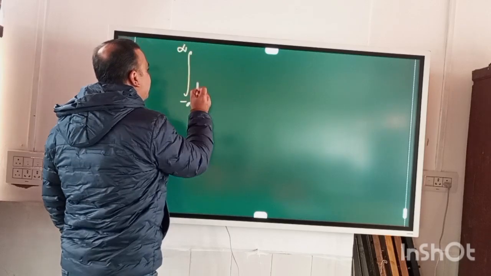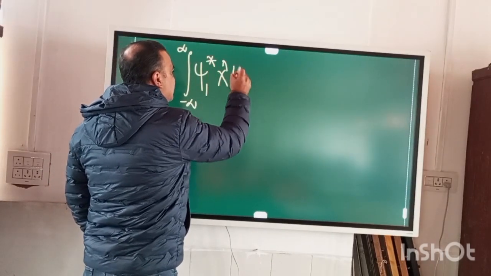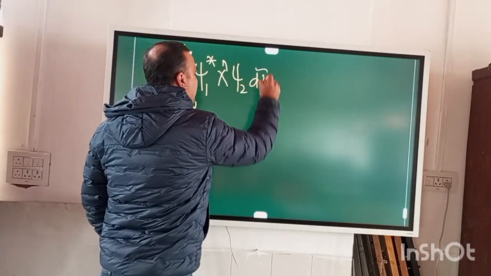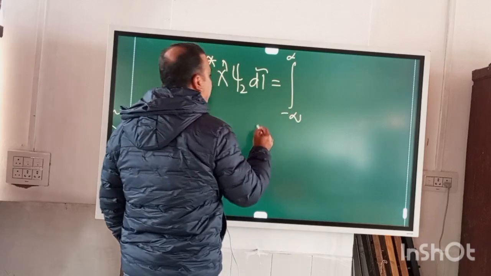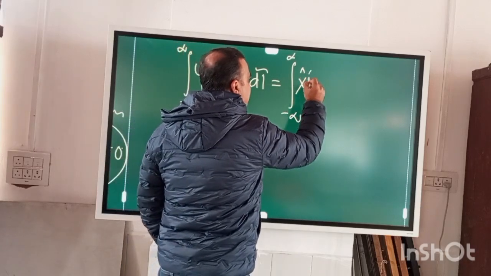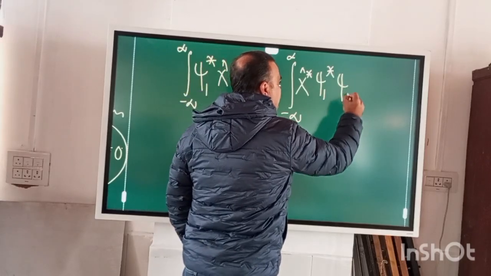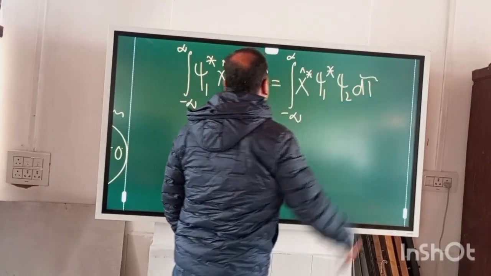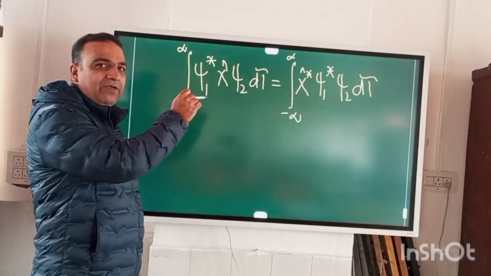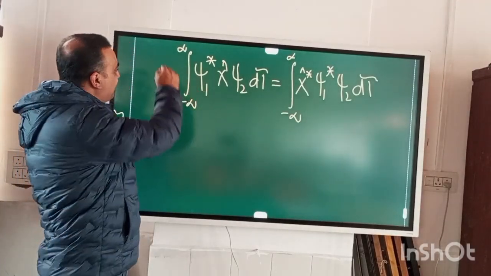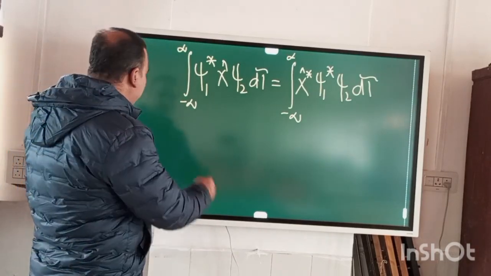The integral from minus infinity to infinity of psi1 star x cap psi2 d tau is equal to the integral from minus infinity to infinity of x cap star psi1 star psi2 d tau. This operator can be Hermitian only if this condition is satisfied.